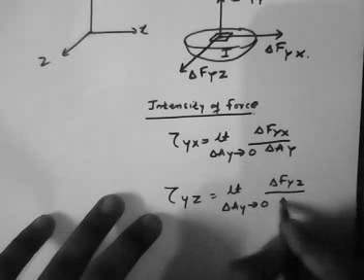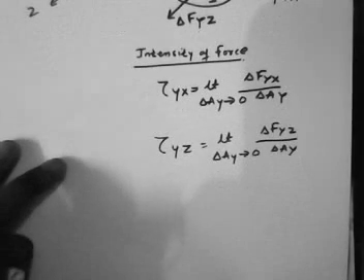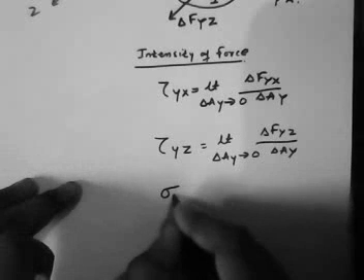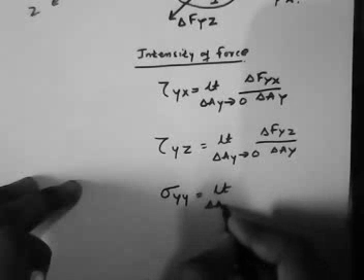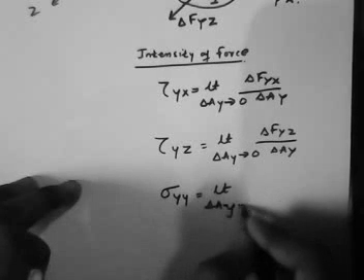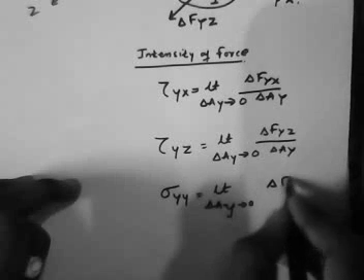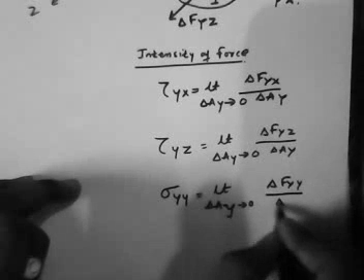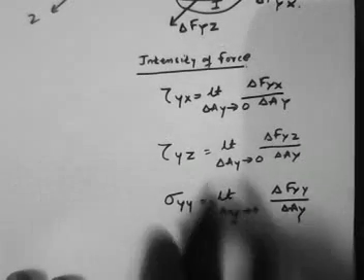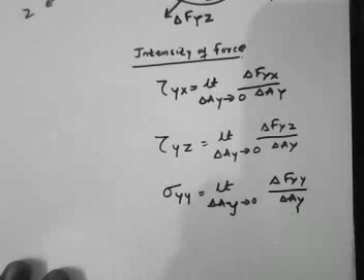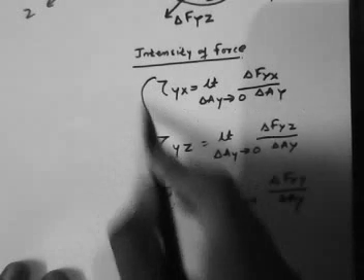Another is tau yz, that is limit delta Ay tends to 0 of delta Fyz by delta Ay. Another is the normal stress, that is sigma yy, limit delta Ay tends to 0 of delta Fyy by delta Ay.